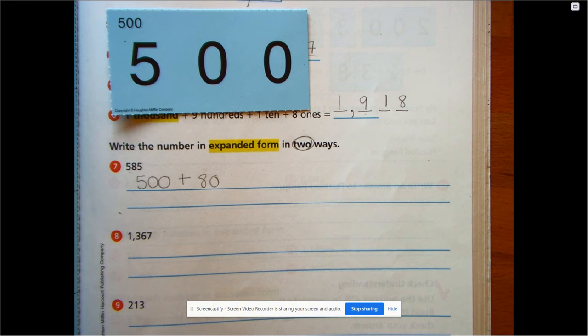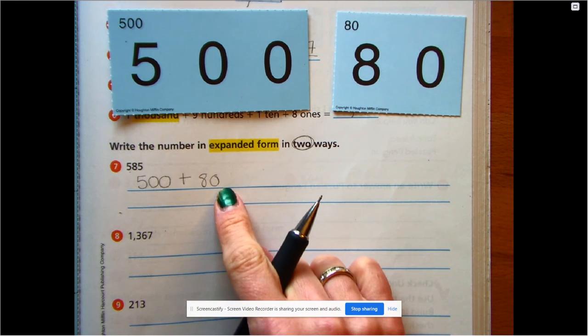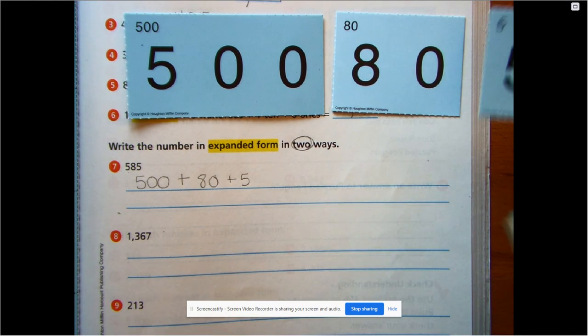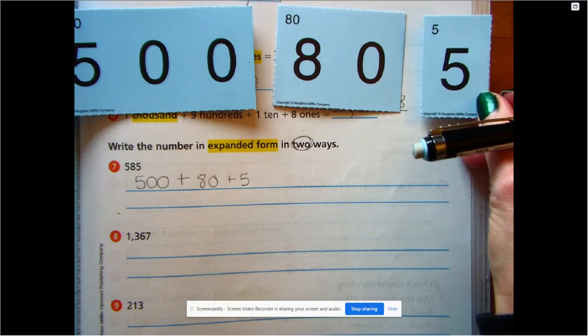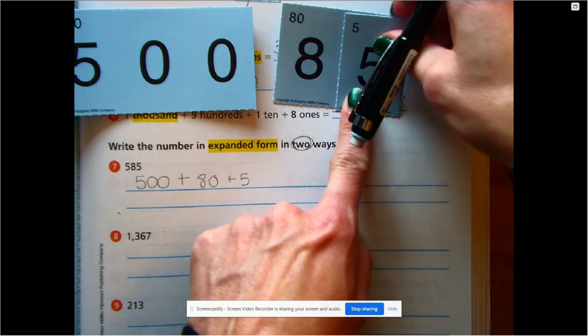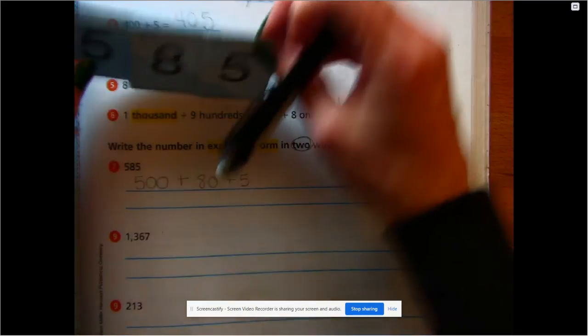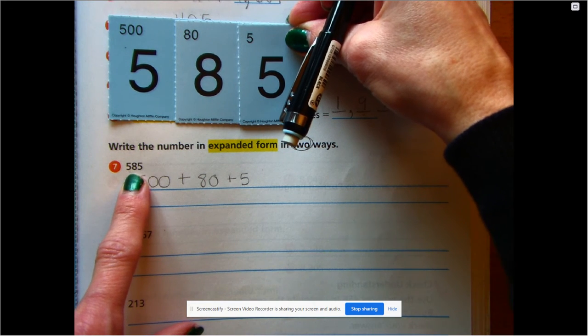Looking for my 8 tens. And then I have 5 ones. I'm going to add my 5 ones. Okay, 585. I can check myself by stacking them in order. Ones on top of tens on top of hundreds. 585 matches what they have here.